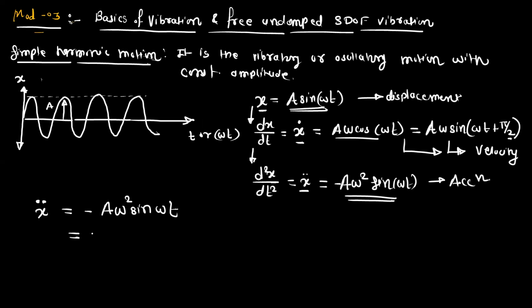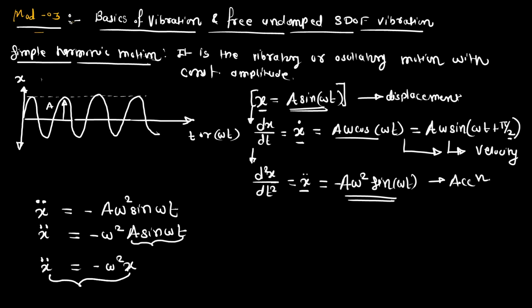From this we can write minus omega square into A sine omega t, which is equal to x double dot. Now this term A sine omega t is nothing but the displacement, so we can write x. So x double dot is equal to minus omega square x. This is the acceleration in terms of displacement.